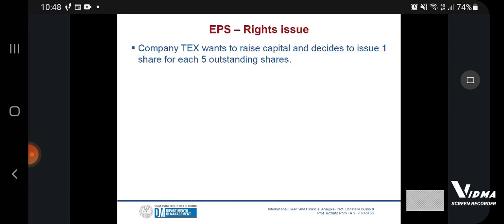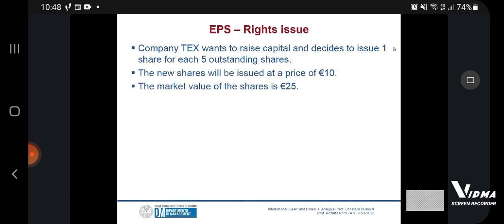We have company Tax that wants to raise capital and decides to issue 1 share for each 5 outstanding shares, okay? Now, this is not quite a bonus issue because we are not issuing the 1 new share for each 5 outstanding for free. We are issuing them at a price which is lower than the market price.